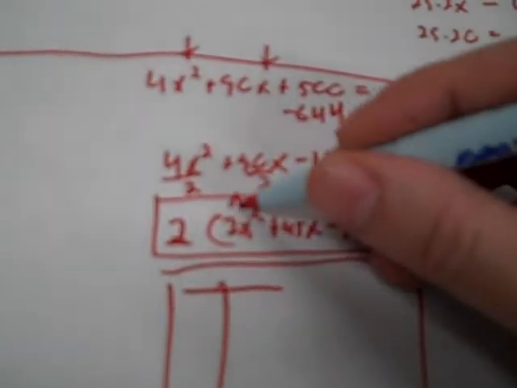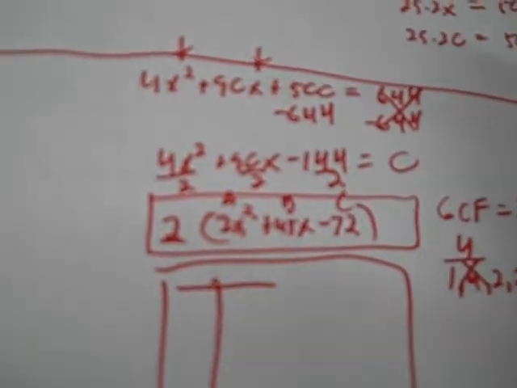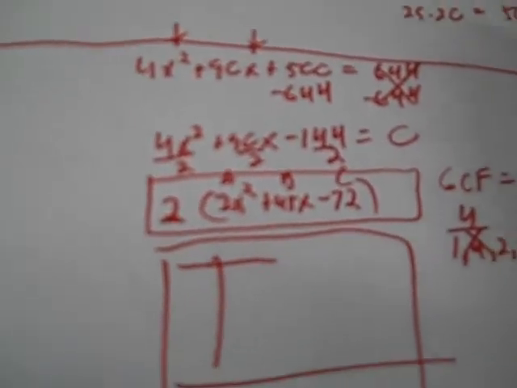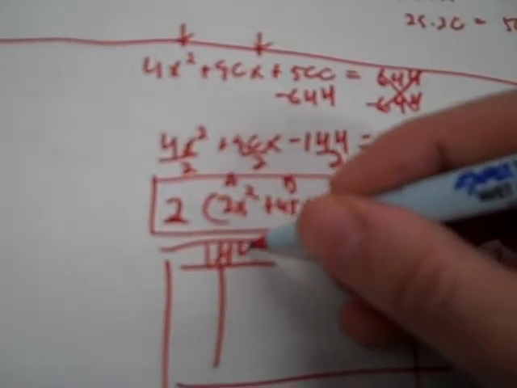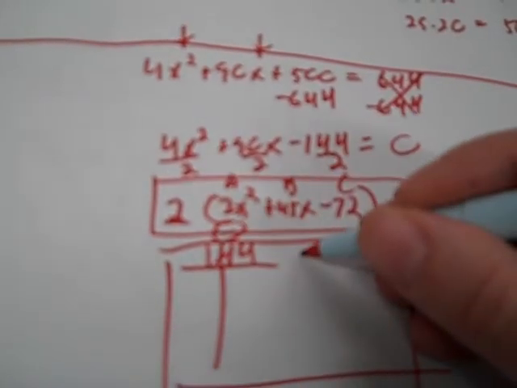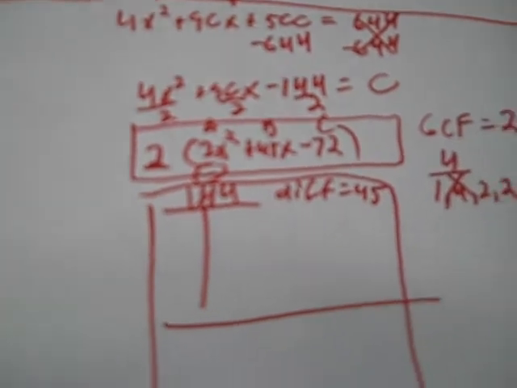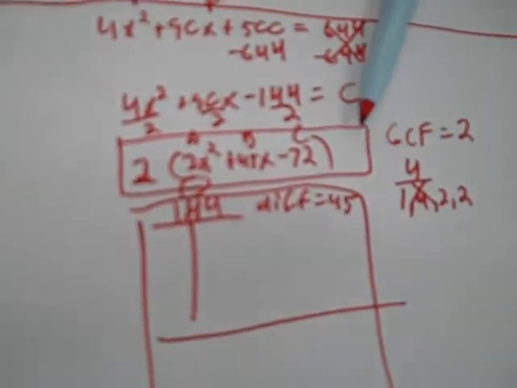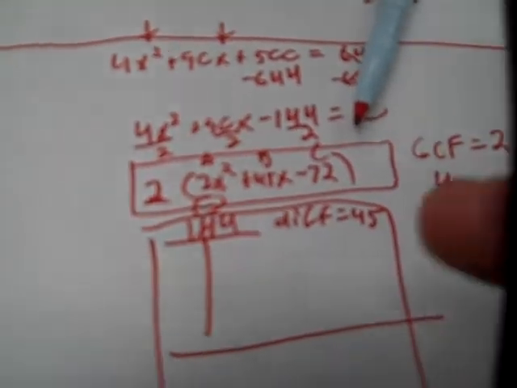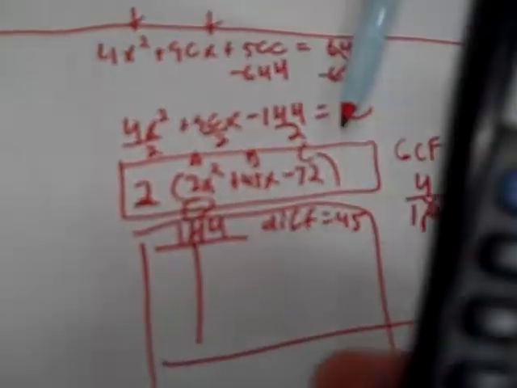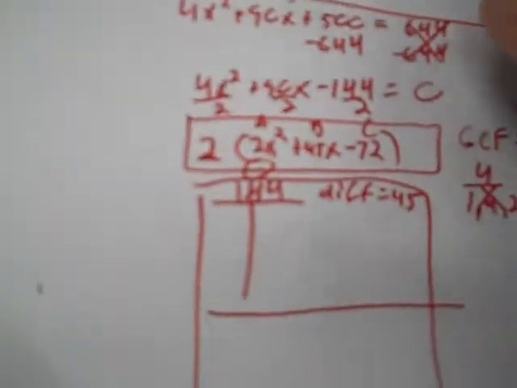Then I go A, B, C. 2 times negative 72 is negative 144, so I'm looking for a difference of 45. Kind of going fast through this because I'm not really sure how well that's going to shake out for me.